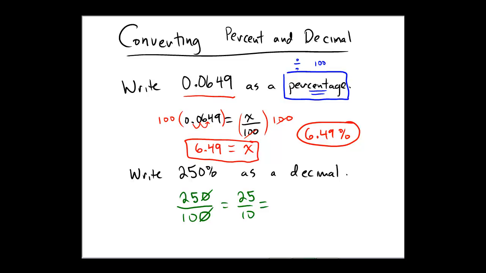Reduce by 5. 25 can divide by 5, 10 can divide by 5, to leave 5 over 2. And you might be familiar with 5 halves as 2 and a half. So this would be the decimal form of 250%.